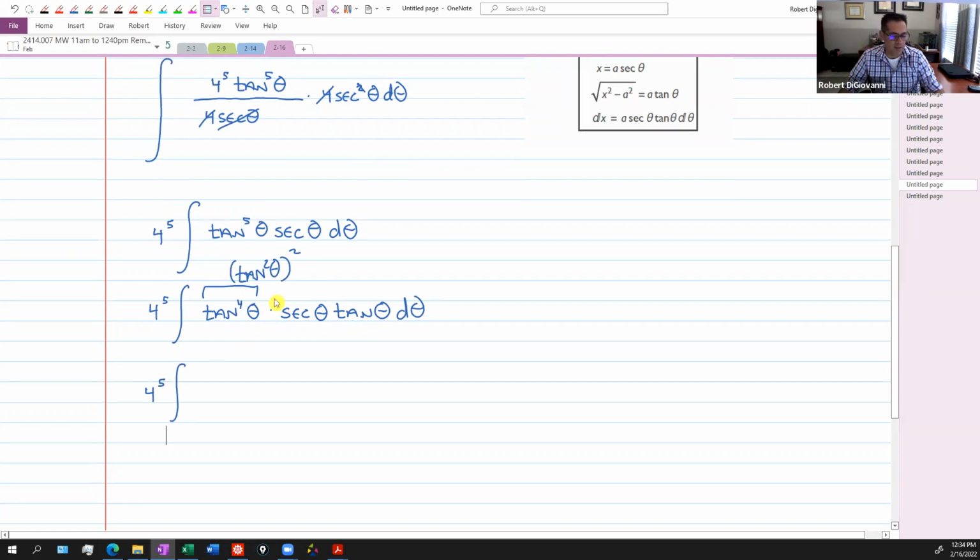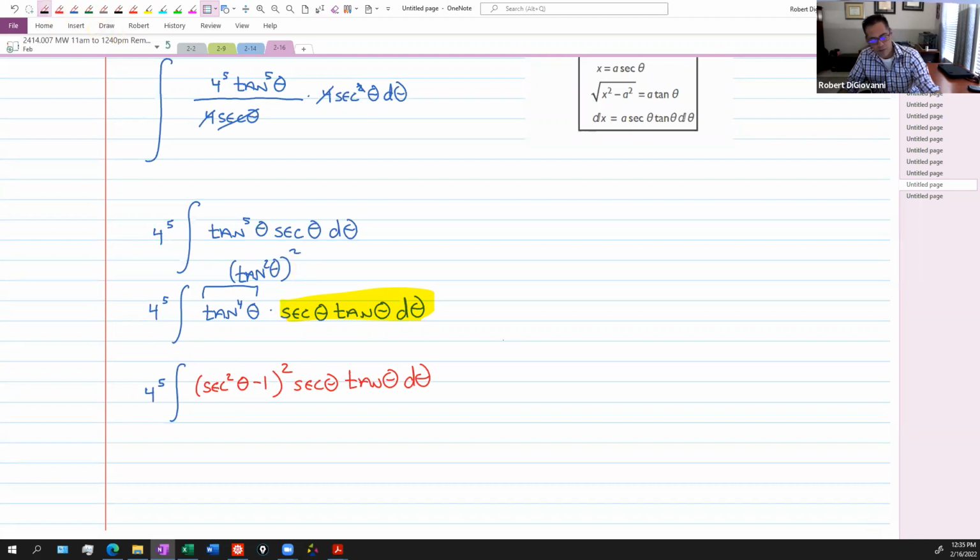I'm trying to get everything in secant because this is the derivative of secant theta. So I'll rewrite this as secant squared theta minus 1, squared, and then I still have secant theta, tangent theta, d theta.